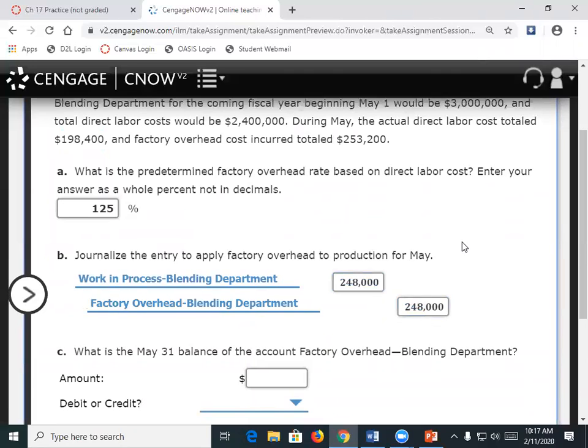Then it asks for the balance. To me, it makes sense to look at what we did to factory overhead. Remember with factory overhead, on the left or debit side, we put any actual, and on the right is our applied. We credited factory overhead 248,000.